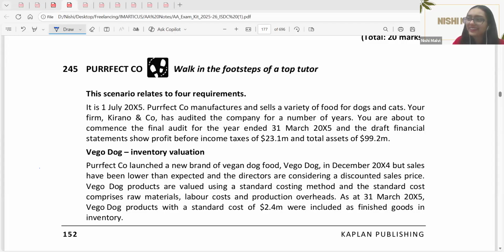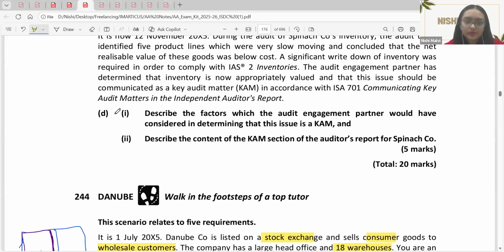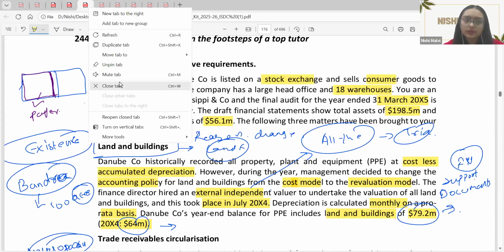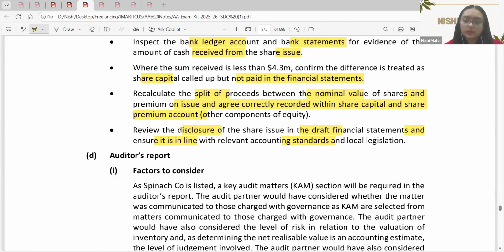Which was the last question? Oh, it's gone. Wait. It's not there. It's not present in this. It was the Esoft company. Just a second. Do you remember the question name?